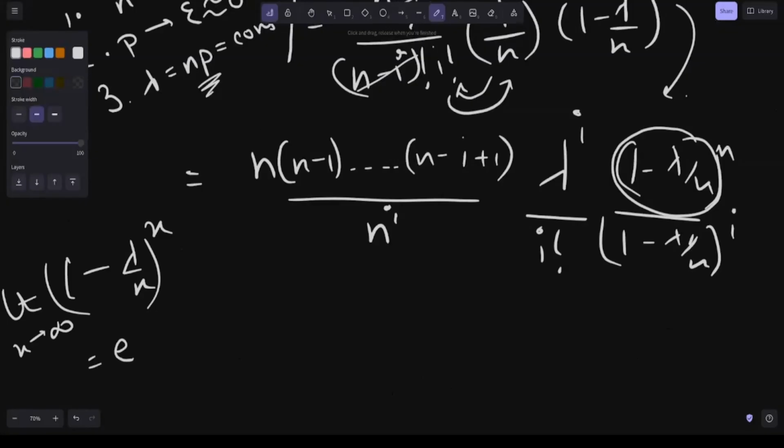So if there was a lambda here, for example, it would be e to the power minus lambda; usually it's e to the power minus 1. So whatever the constant is here, it gets substituted. So e to the power minus lambda.